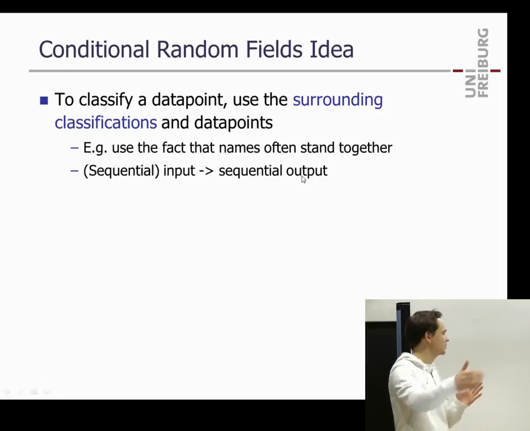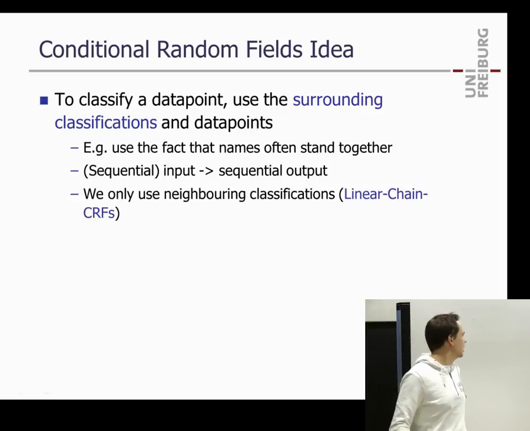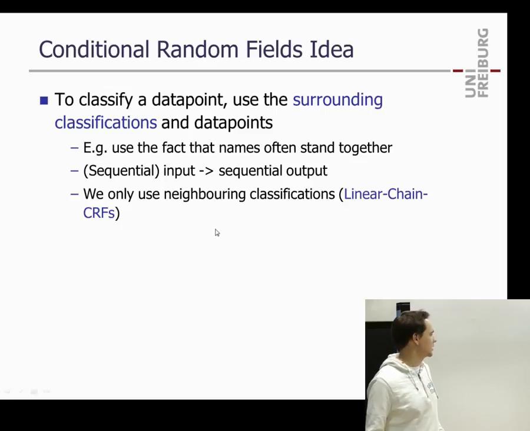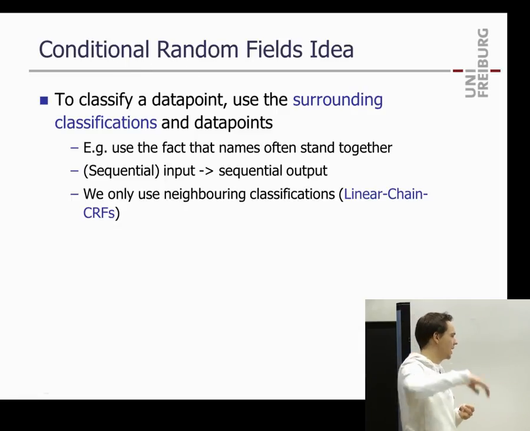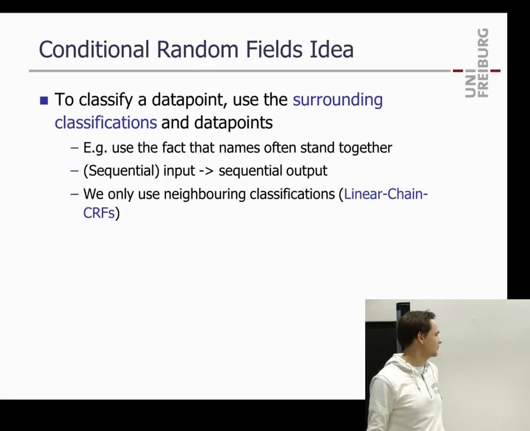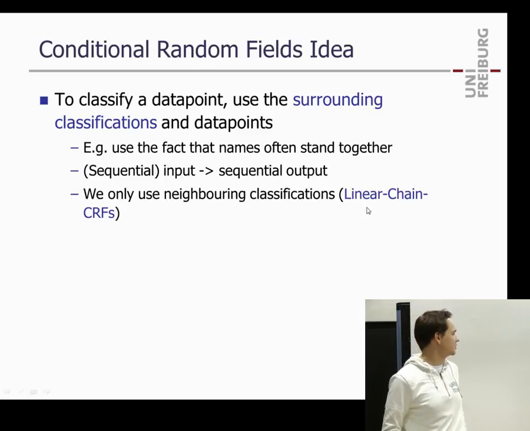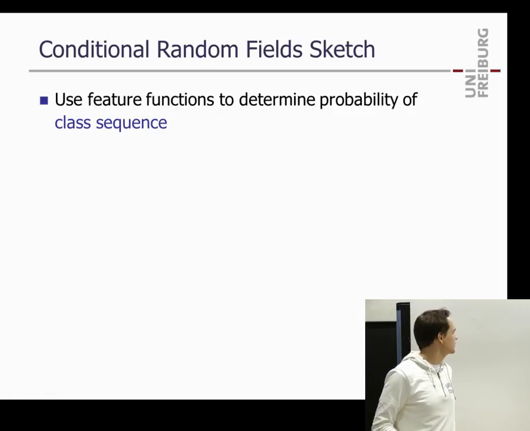So these labels will also be seen as a sequence now, and they will not be treated individually. And for us, you will now only use the neighboring classifications. In the general conditional random fields, you could also use a classification, I don't know, 5 words ahead. But you will only use the neighboring classifications. It's called linear chain conditional random fields.